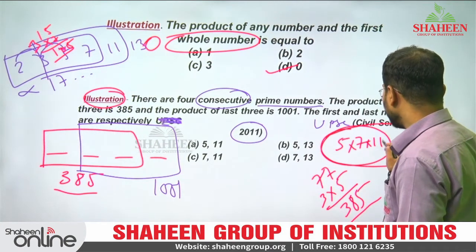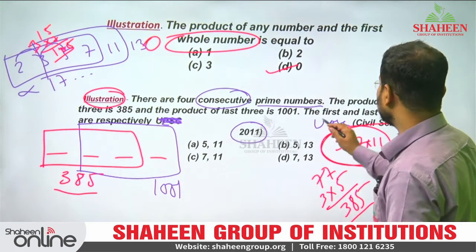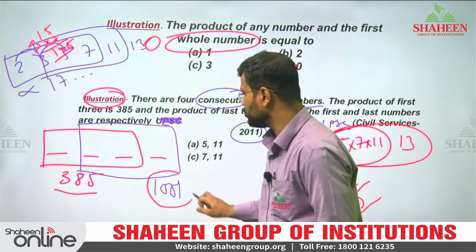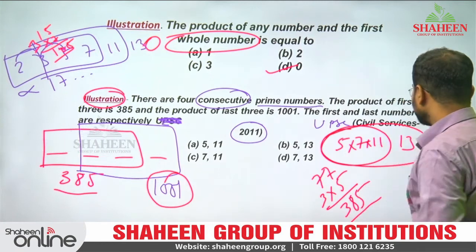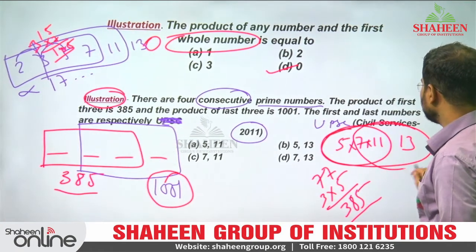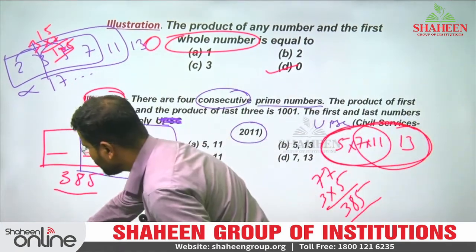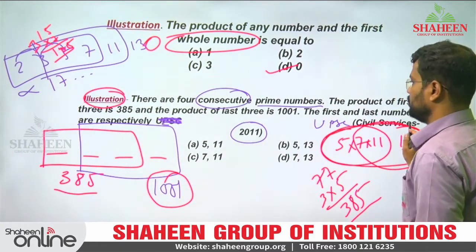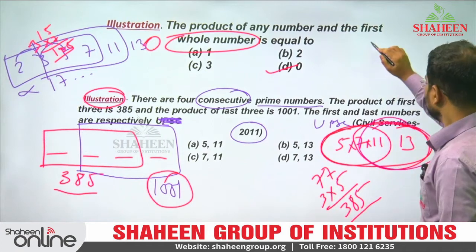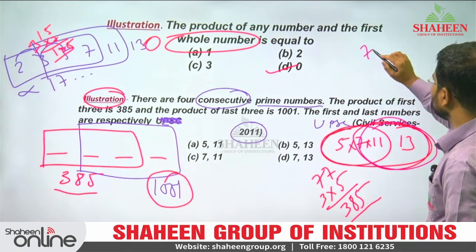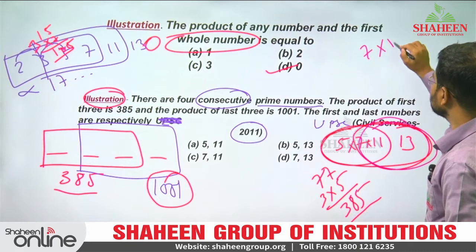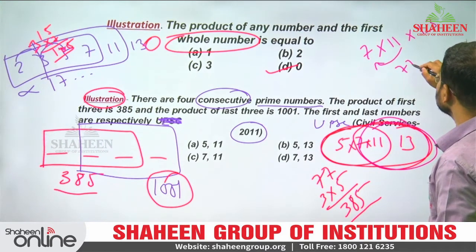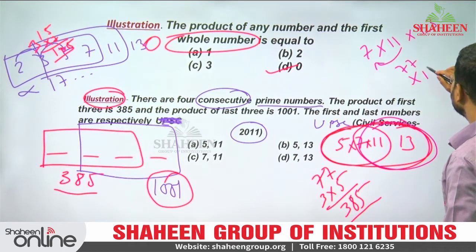Yes, 5, 7, 11. Let me check the product of the last three, which is 1001. Let us see these: 7, 11 and 13. 11 into 7 is again 77, and 13.